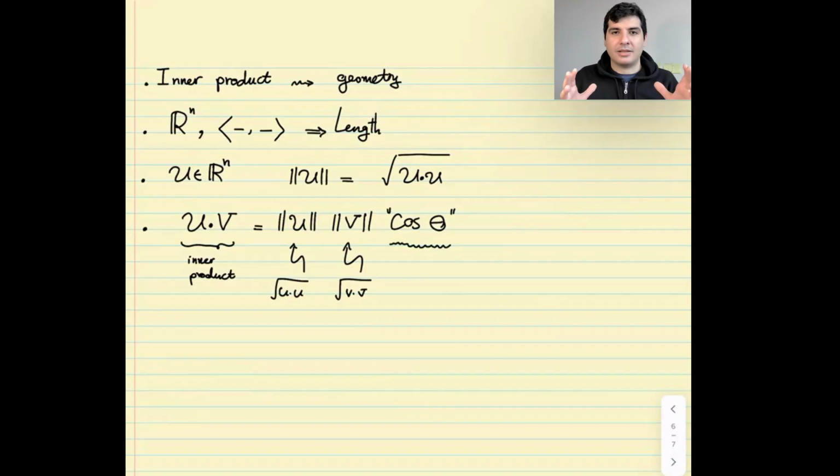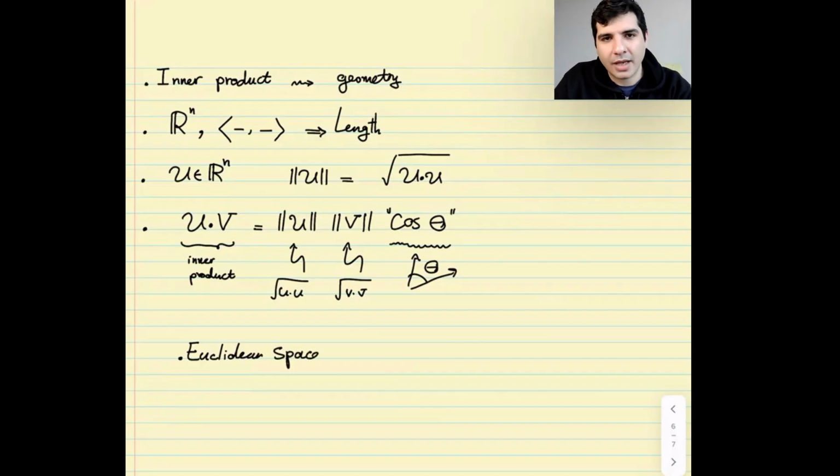Using this equation, I leave this as an exercise to you, you can essentially decide what you would call an angle theta between two vectors. So if you pick a non-standard inner product, you get non-standard length and non-standard angle, which would be different from the standard one. Okay, great. So you see, inner product gives us the notion of length, and the notion of angles. That's essentially the foundation of geometry.